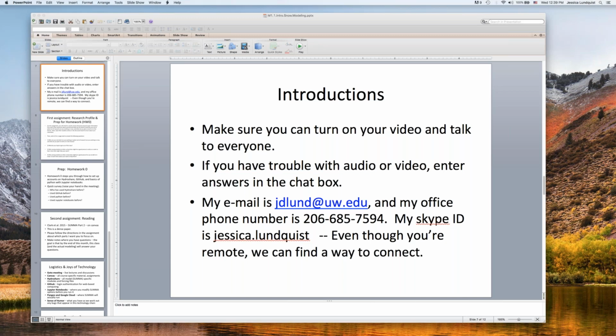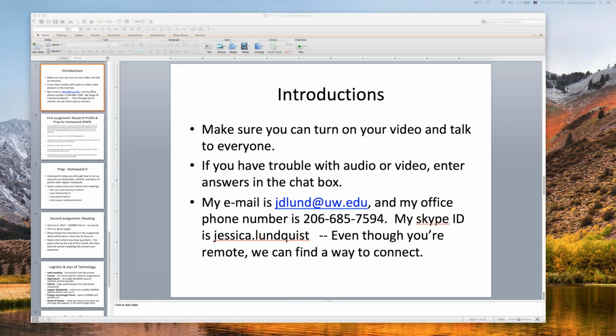It says that you have to allow us to turn on our cameras. I can allow you to turn on your camera. Okay. All right, just try talking. I could hear you.